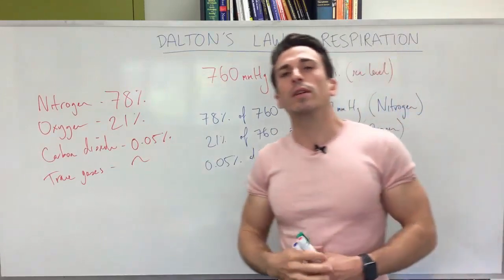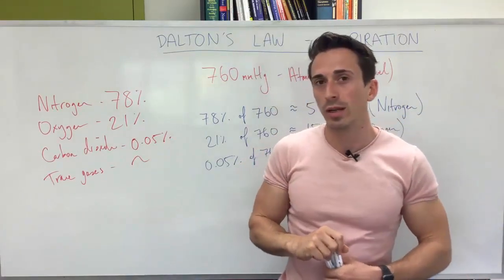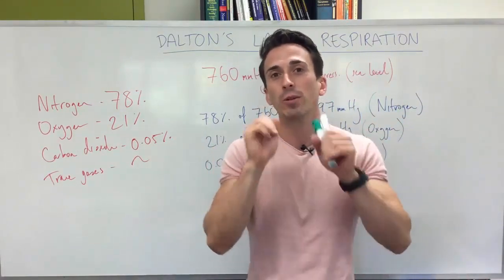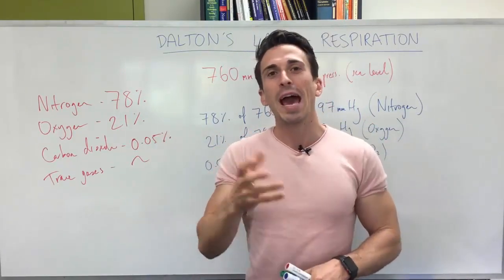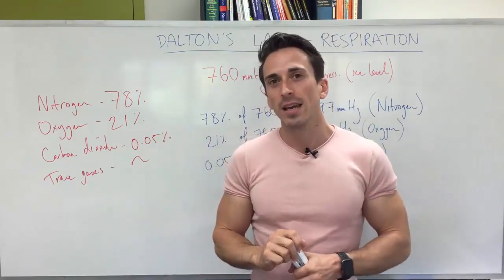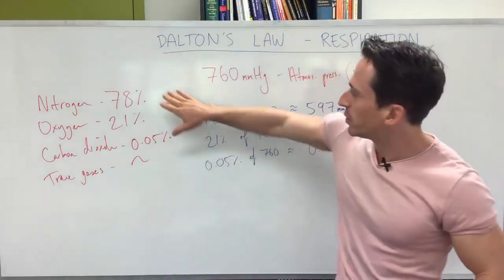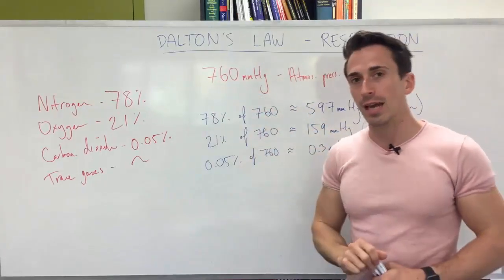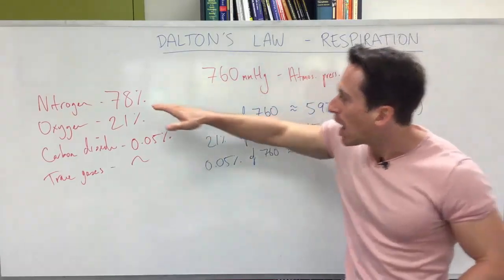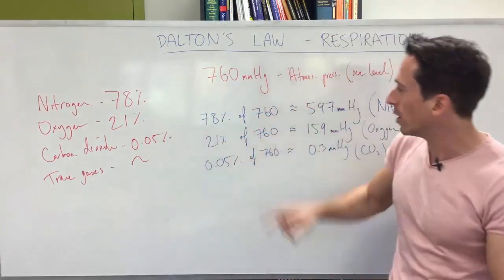Now, why is this relevant clinically? Well, it's relevant clinically when it comes to looking at something called Henry's law. Of course, there's a number of different laws that you need to remember clinically. Henry's law states that when you look at an individual gas, or even a mixture of gases, the partial pressure, so that's what these are called.